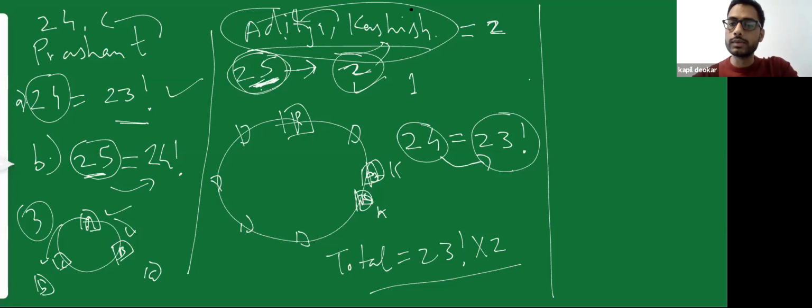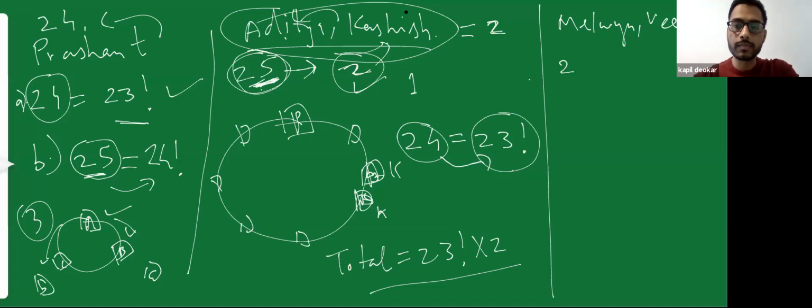So I'm going to ask you a question now. Let us consider that Melvin, Veer, and Om are three very good friends, and I want these three friends to always sit together.